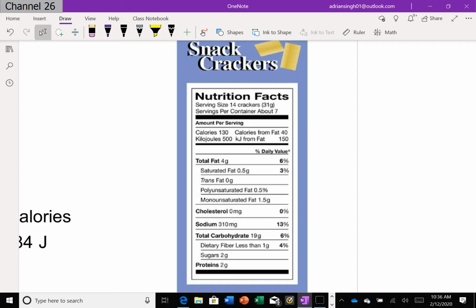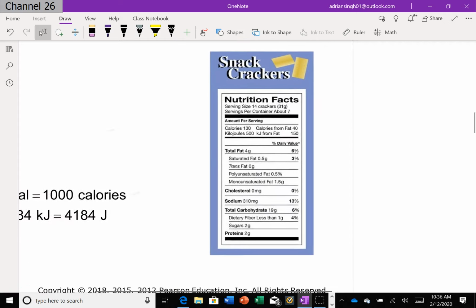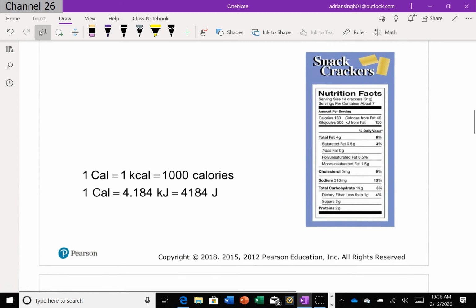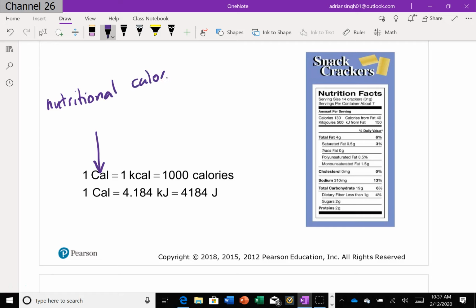Now the thing about the nutritional calorie is it is slightly different than the regular calorie we talked about before. This nutritional calorie here has a big C associated with it, right?